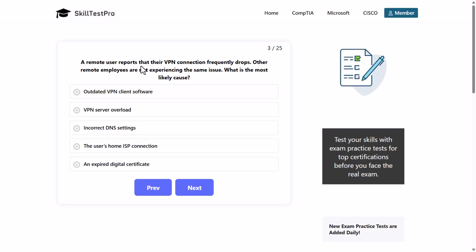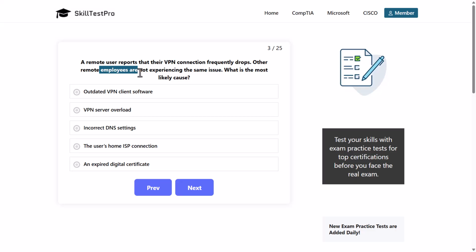A remote user reports that their VPN connection frequently drops, as remote employees are not experiencing the same issue. What is the most likely cause? So, we have a computer, we have a user, for example, who is working from home and using VPN to connect to company servers, to company data, and he is experiencing some issues.